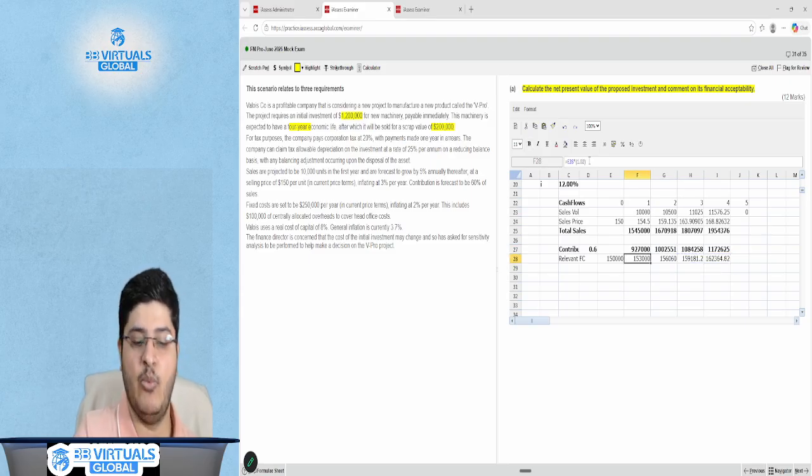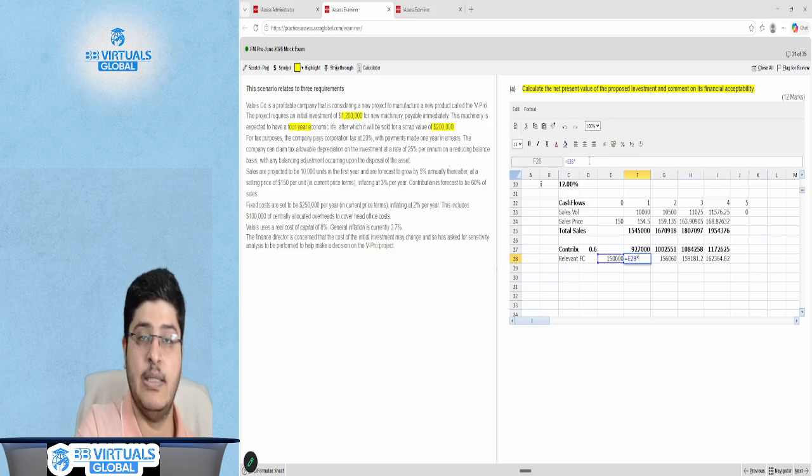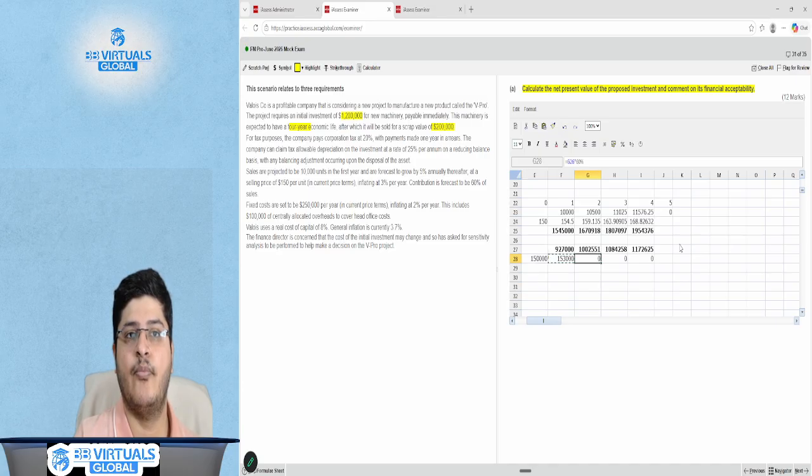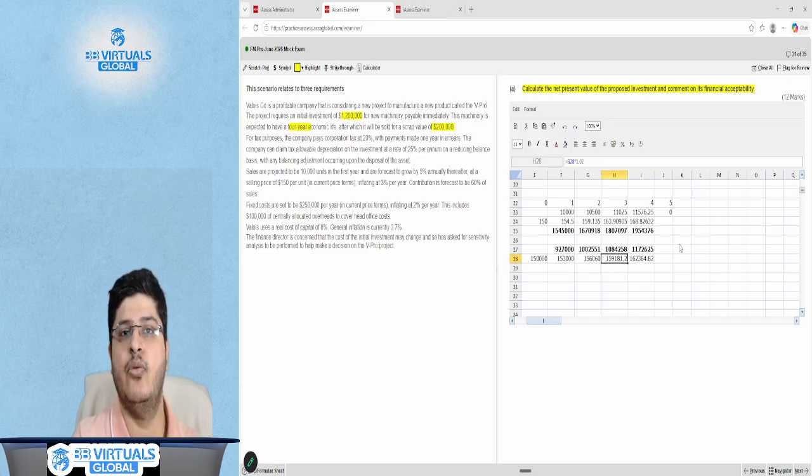I can do it in one more way, which is what? I can say this multiplied by bracket 1.02 the whole raised to 1. This is another way of doing it. Then you can do 2, 3 and 4.